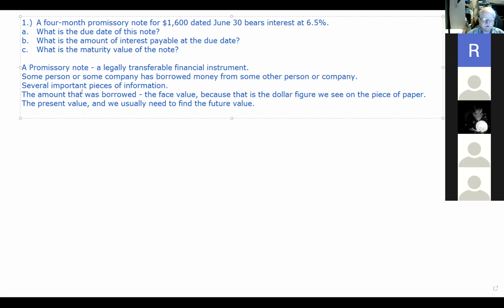It also has to contain the interest rate. And this will be usually an annual rate, pretty well always. It has to contain the time period.